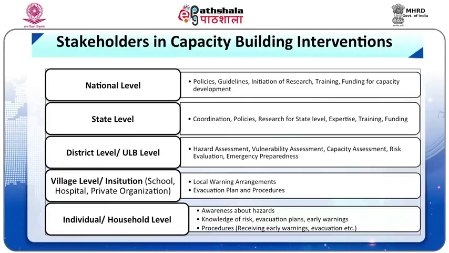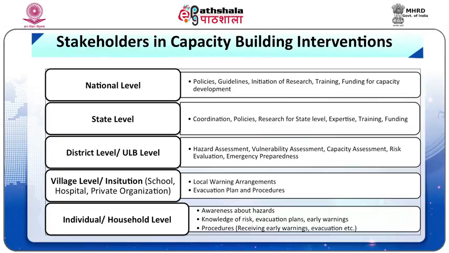The state level stakeholders must aid in effective implementation of the capacity development process, and usually help fund the activities and local context research activities. The district level or the urban local body stakeholders know better what the developmental gaps pertaining to disaster risk reduction are and thereby must be in a position to identify the exact requirement.